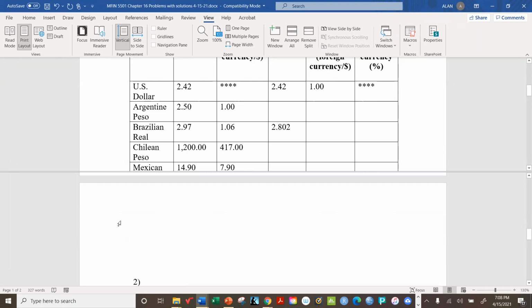So what do we know about Argentina? Well, we know that it takes 2.5 pesos to buy a Big Mac. And it also takes one peso to buy a dollar.